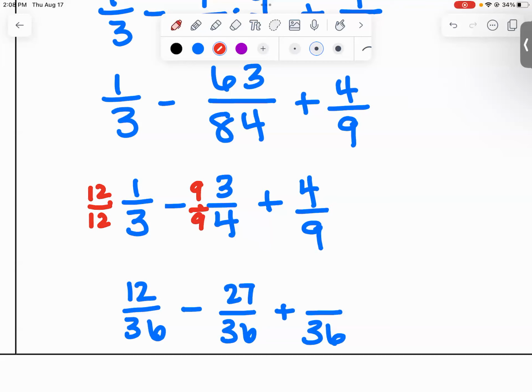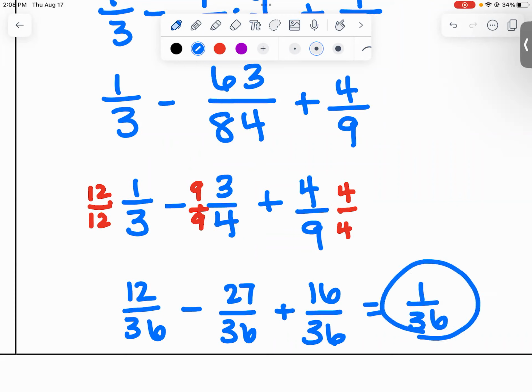And then our denominator with the 9, we would have to multiply by 4, over 36 also.